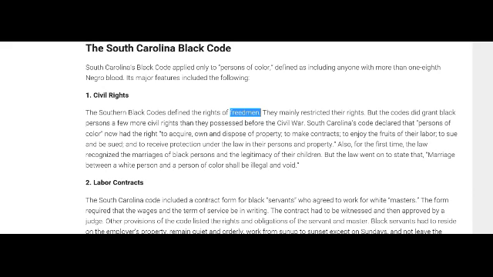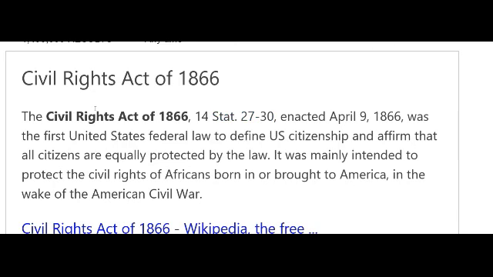And so you never understood that, guess what? You were given citizenship through the Civil Rights Act. That is true. You were born a citizen.